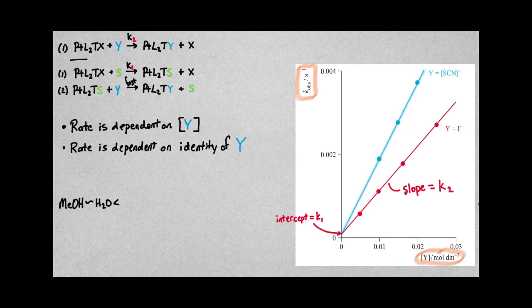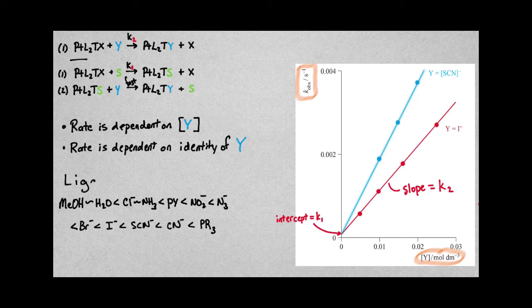There is a trend in the types of incoming ligands and the overall reaction rate for substitution. We see that as ligands become stronger sigma donors and as they get better at being pi acceptors, the rate of the reaction with the particular ligand increases. This is referred to as the ligand nucleophilicity.